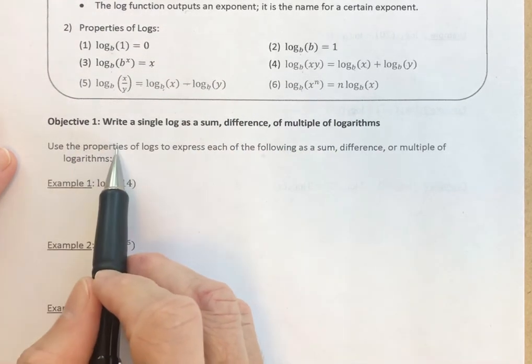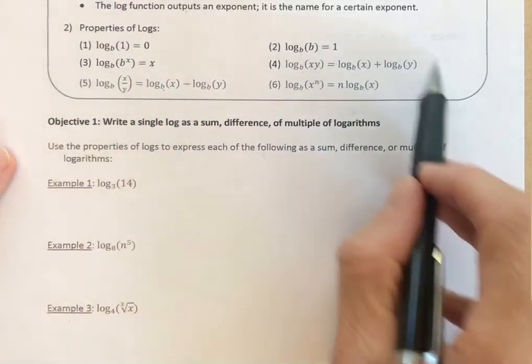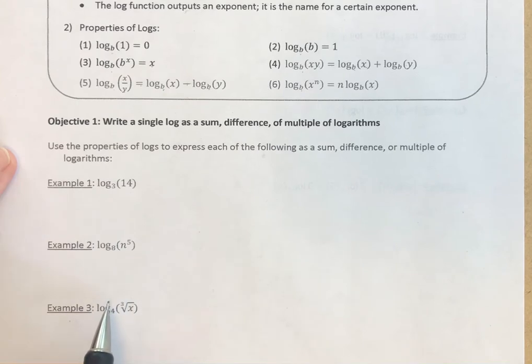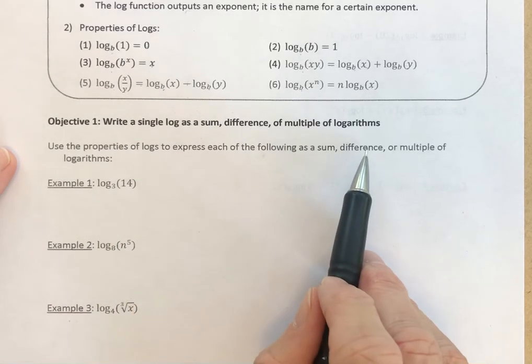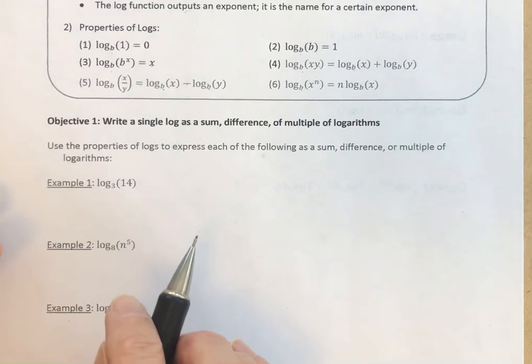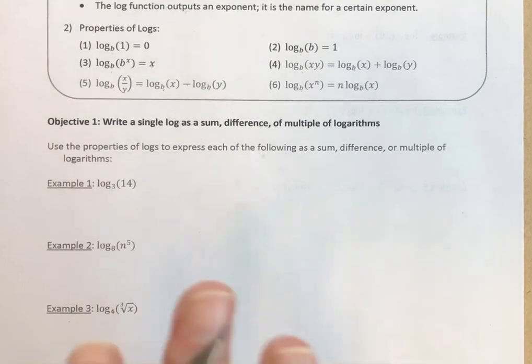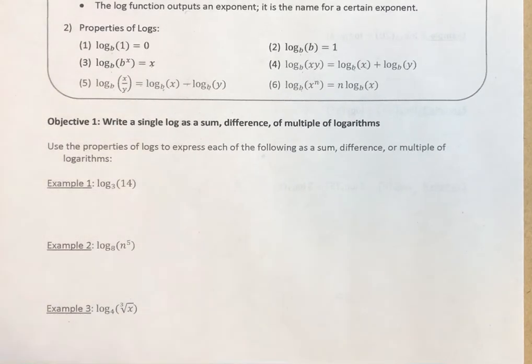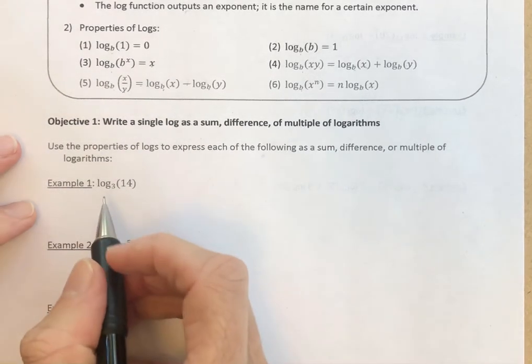So use the properties of logs to express each of the following, which are single logs, as a sum, a difference, or a multiple of logs. Generally speaking, we're turning one log into more than one log, or we're rewriting it as a multiple.